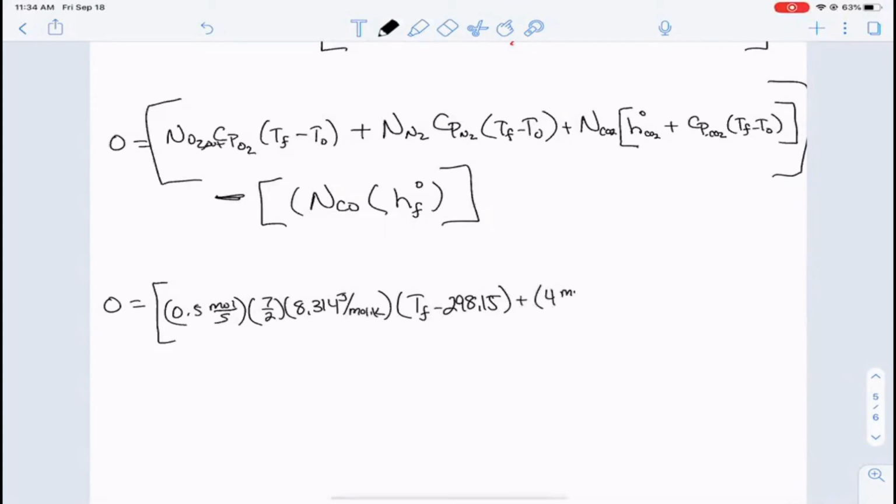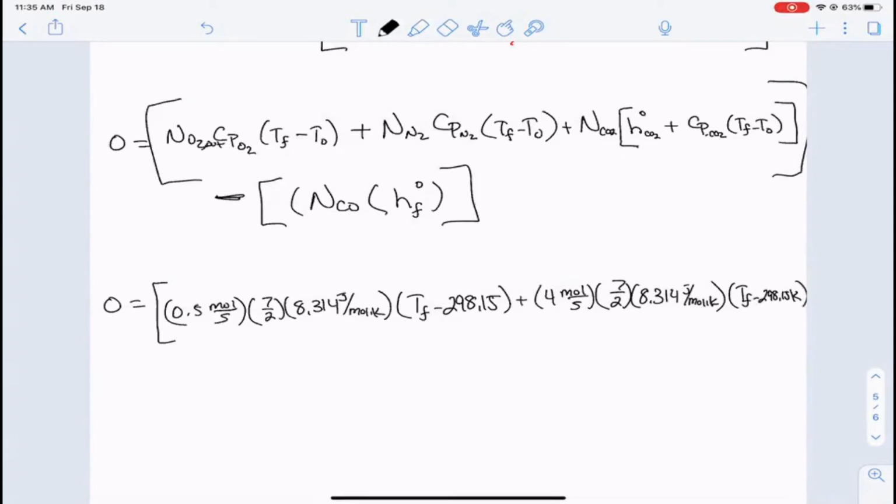So that's 4 moles per second times the heat capacity for nitrogen. And that's also a diatomic simple ideal gas. So that's also 7/2 times 8.314 joules per mole Kelvin times T final minus 298.15 Kelvin, right?